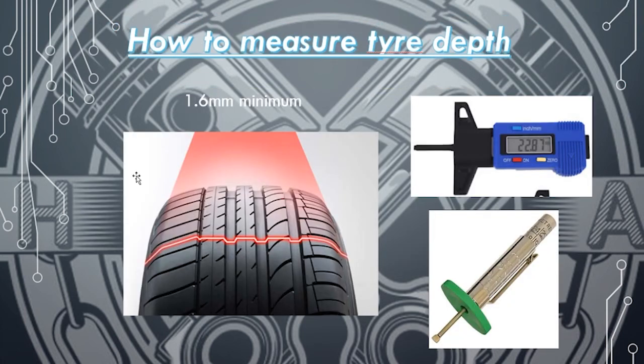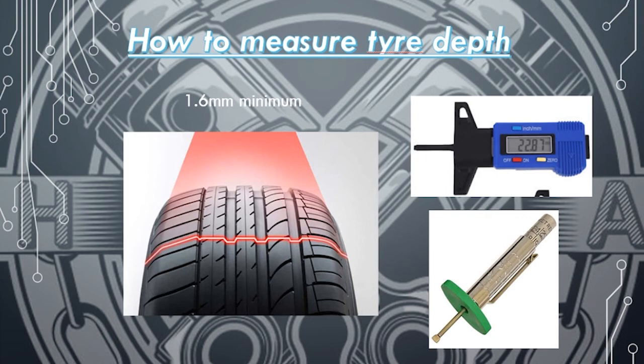So if you are looking to take out any sort of maintenance yourself on your tyres, just to make sure that they are roadworthy, you can buy these two items here. They are the same item, the only difference is this one up here is digital, and the one below is an old style one that you would normally use.